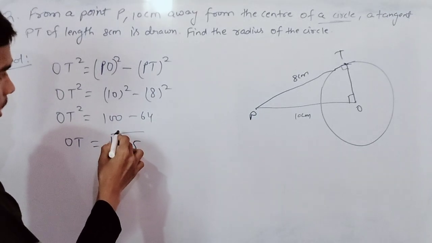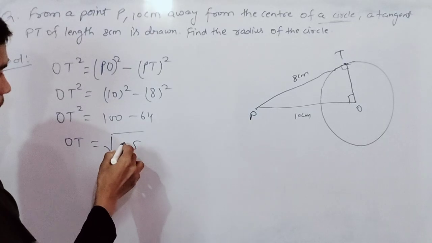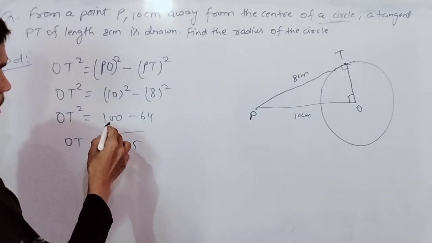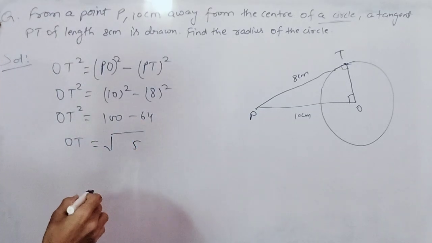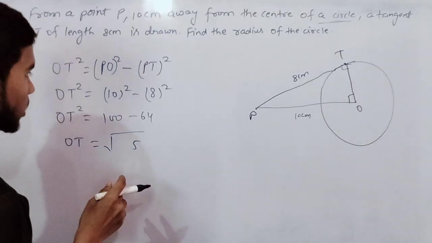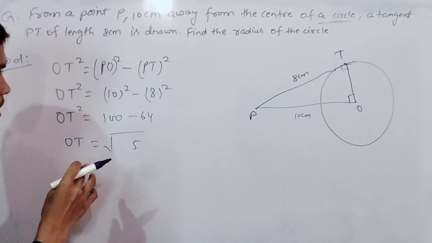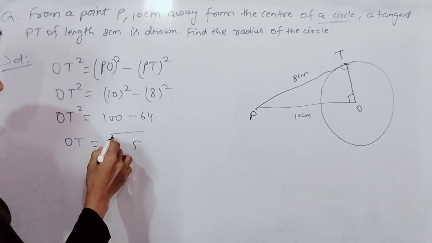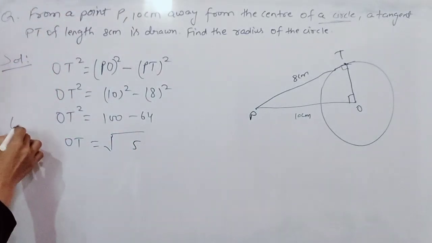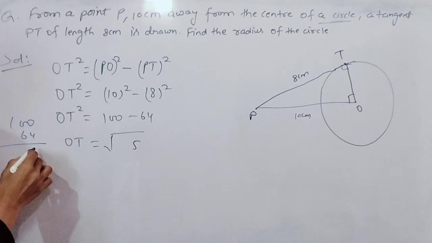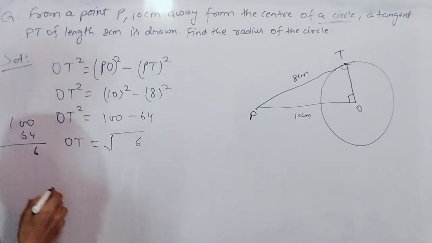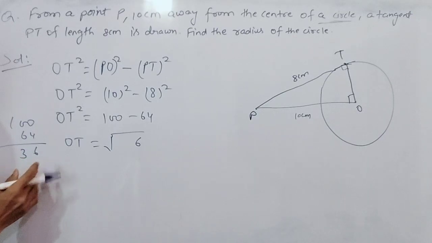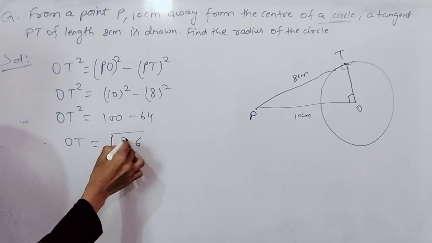So OT square is 36. So this would be 6. This would be 6, and here it is how much? 36.